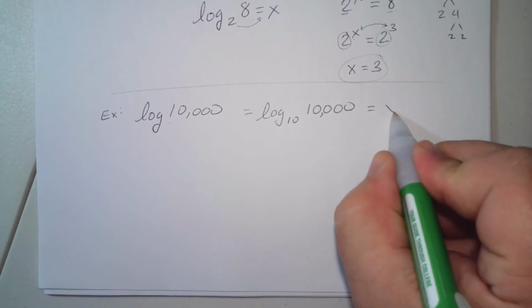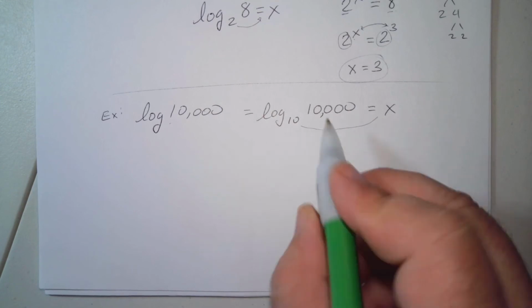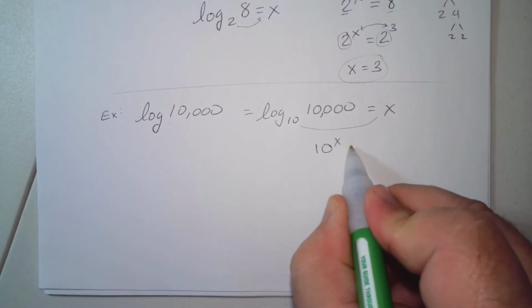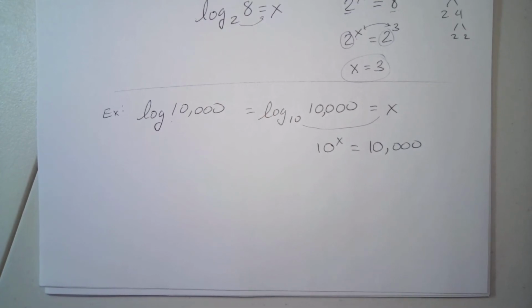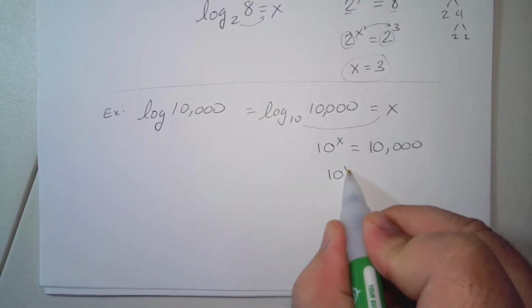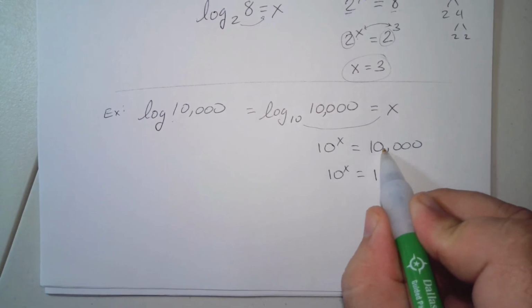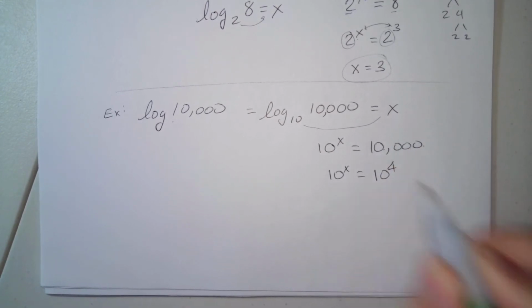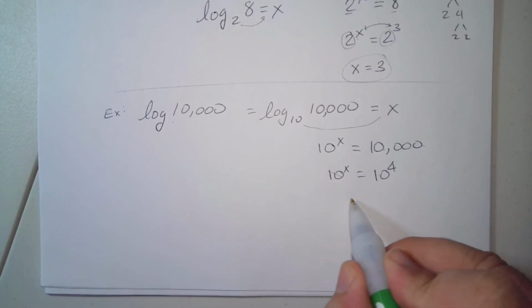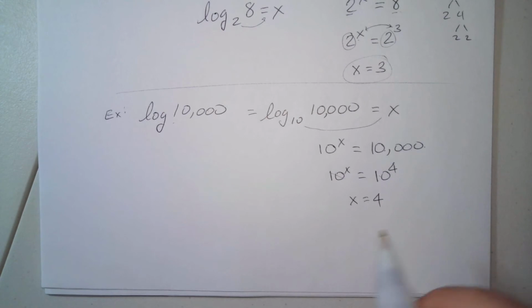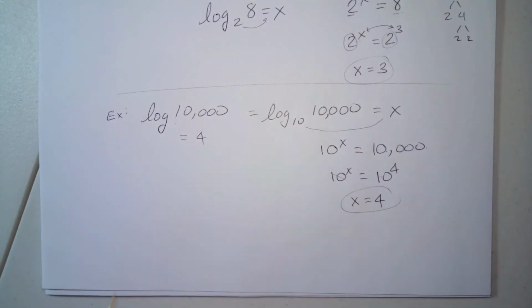So that equals some number x. So the 10 comes over here. 10 to the power x equals 10,000. 10,000 is 10 with 1, 2, 3, 4 zeros. Since the bases are the same, x equals 4. So this answer is 4.